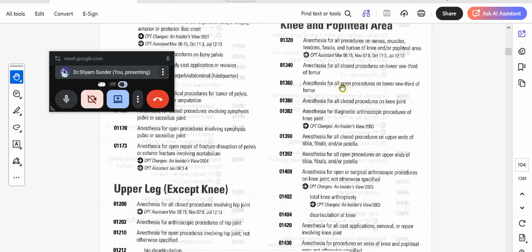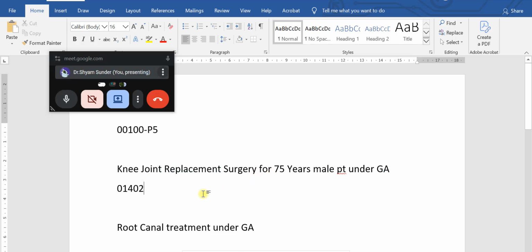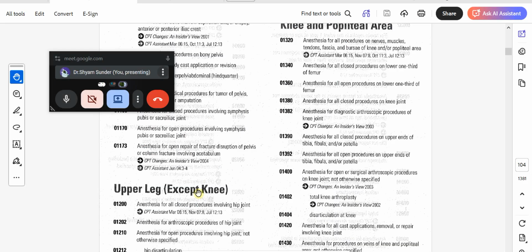The heading is written there: knee and popliteal area. What is popliteal? This is an anatomical area. Popliteal area is the area behind the knee joint, the backside portion of the knee. That is popliteal.